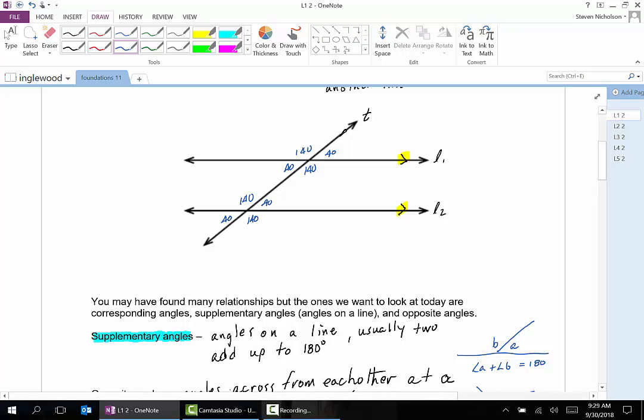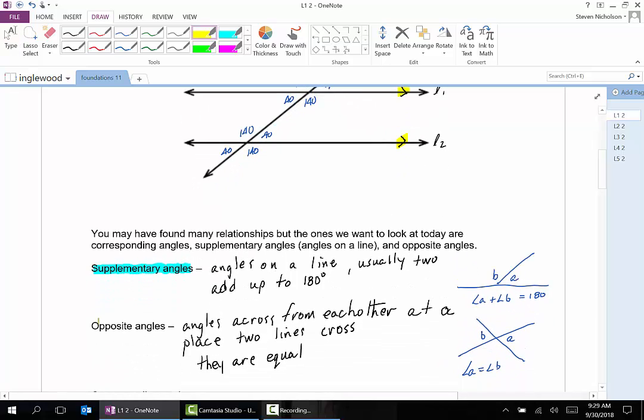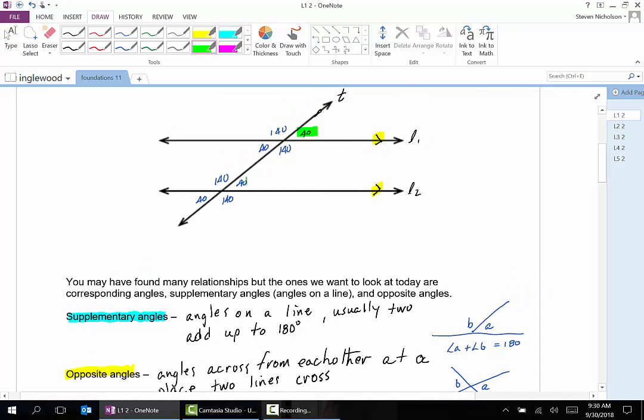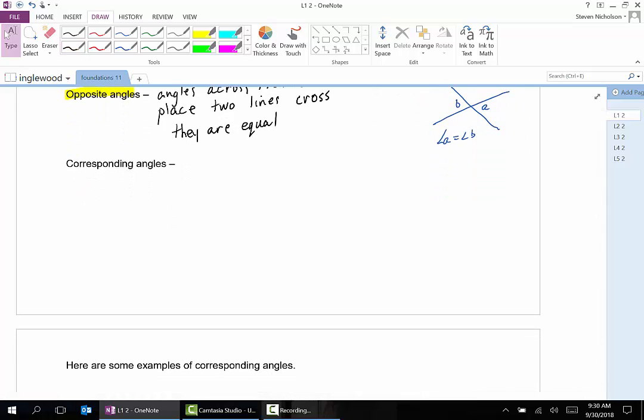So I'm going to highlight a pair of corresponding angles. That corresponds to that. And corresponding angles, hopefully you see what they are right now, but here's my little definition, but you wrap your head around it, you make meaning yourself.